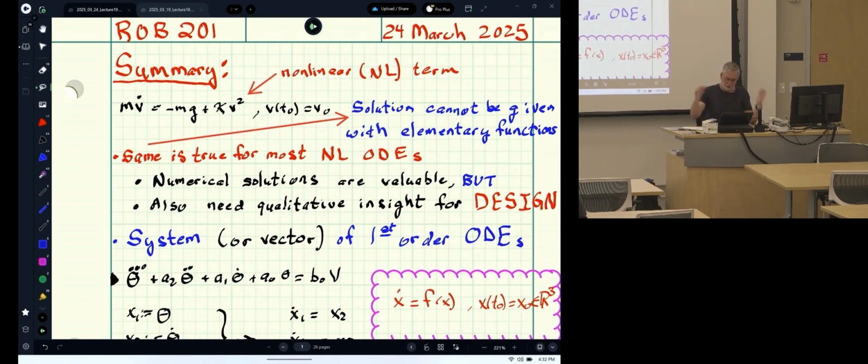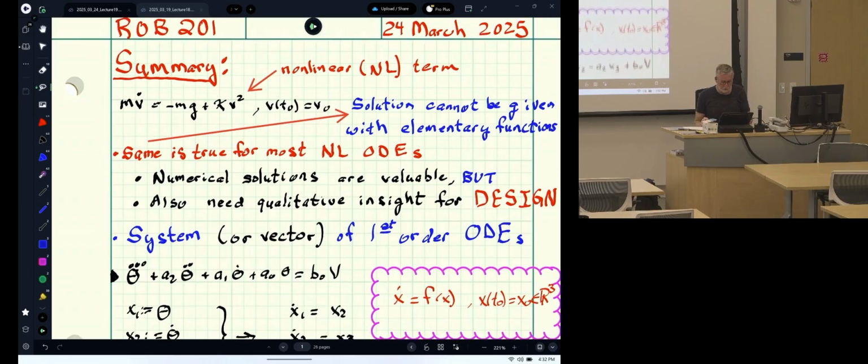Now, just computing solutions would leave us without the insight we need in order to build systems from scratch, in order to understand qualitatively what things are going to be doing, in order to be able to understand if our numerical solutions are actually correct.